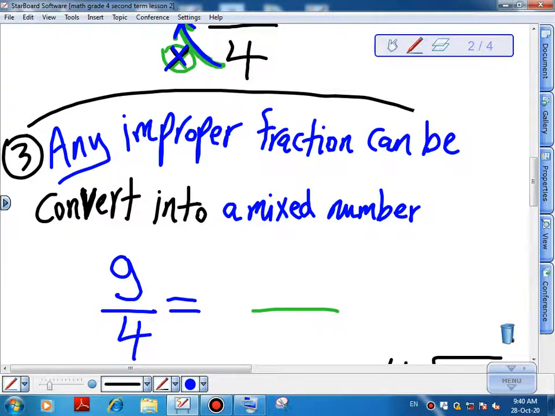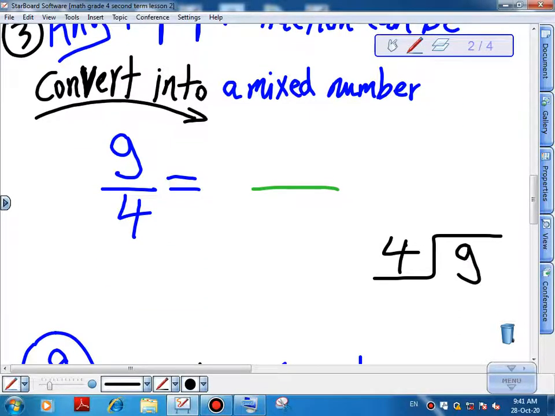Note number 3 is the opposite of note number 2: any improper fraction can be transformed into a mixed number. If we have 9 over 4, it is an improper fraction because 9 is greater than 4. We need to convert this fraction into a mixed number. We have 2 ways. The first one, we divide 9 by 4.